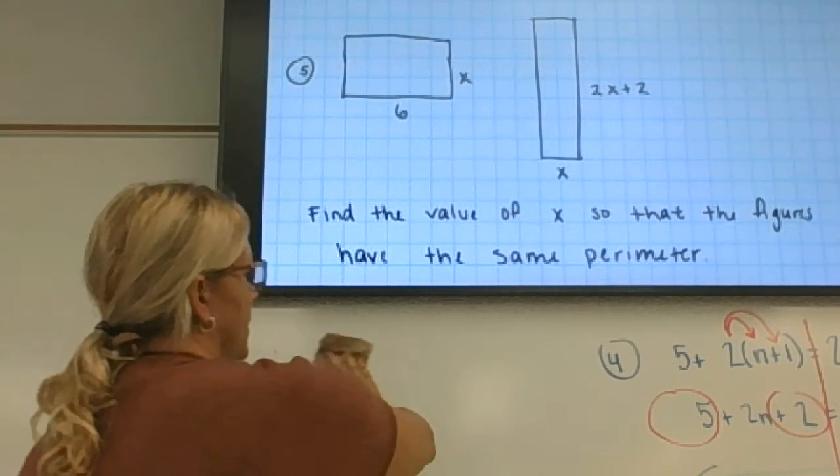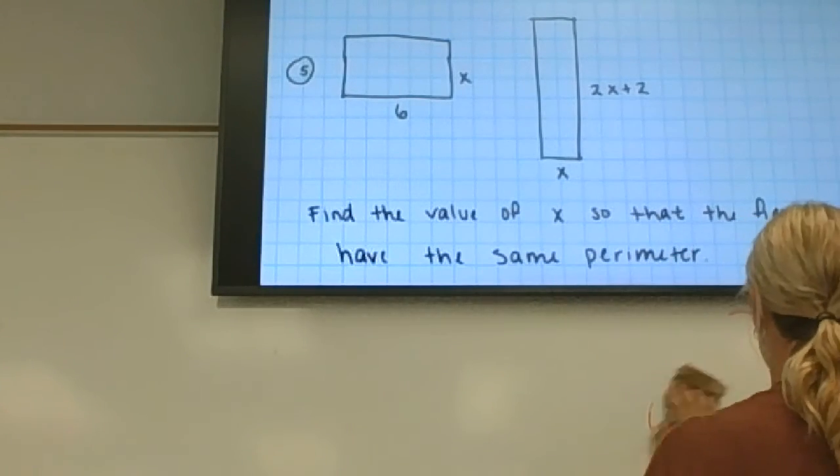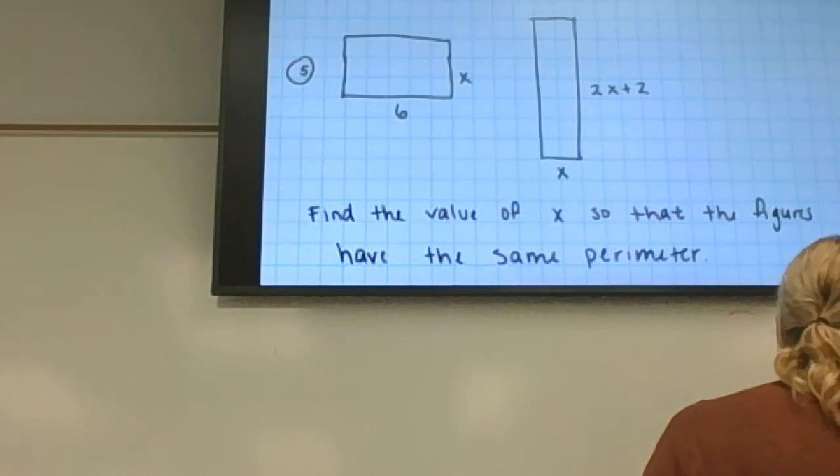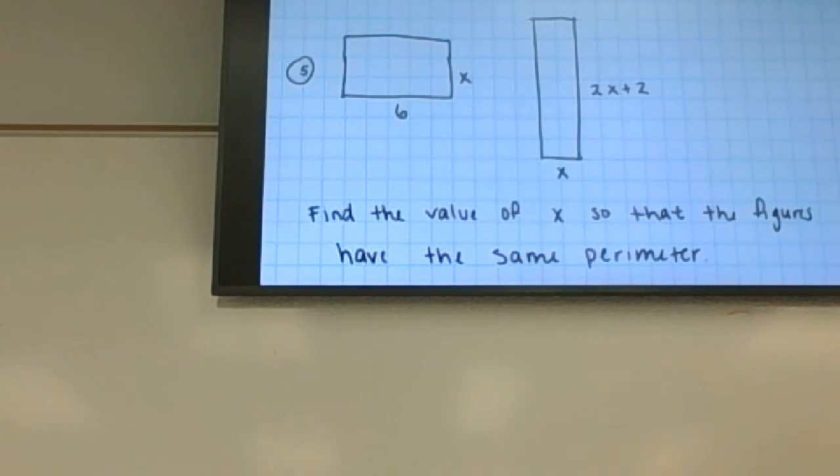Okay, so find the value of x so that the figures have the same perimeter. Cool, so we gotta write the equation, solve the equation, figure out perimeters. There's a lot going on here.